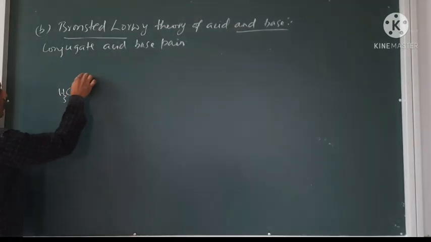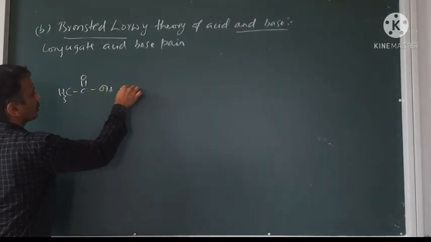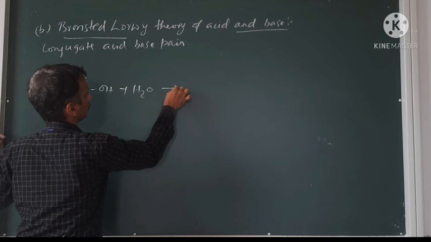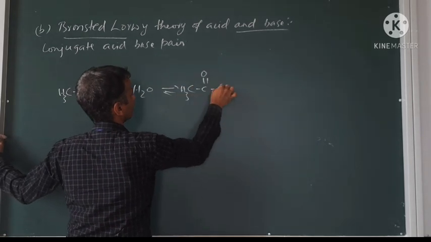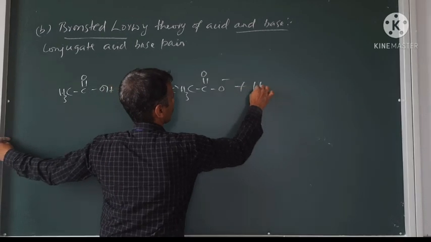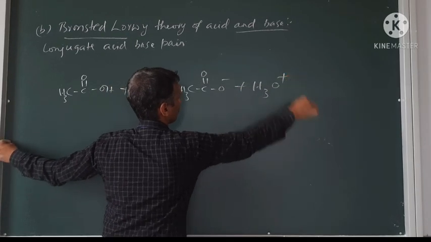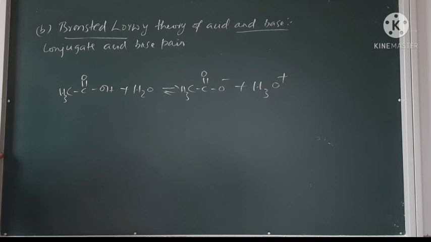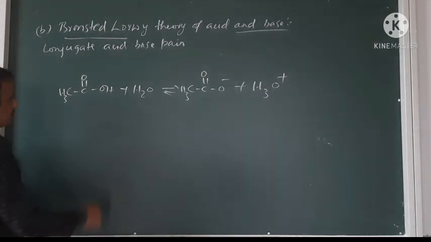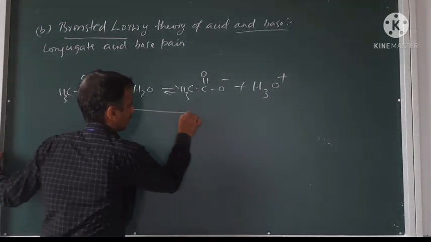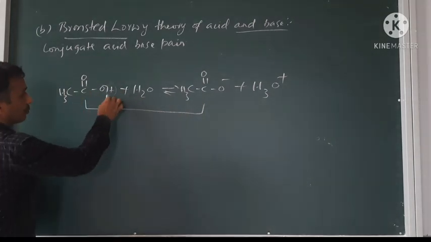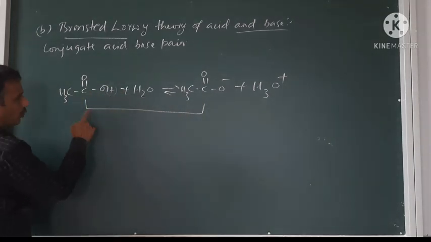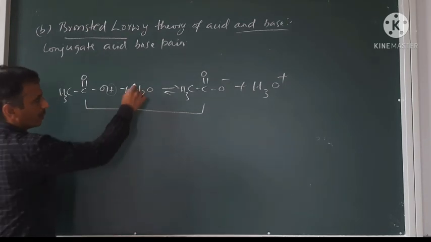CH3COOH plus water giving CH3COO minus and H3O plus. Tell me, which is the conjugate acid base pair? Acetic acid and acetate ion, only an H plus is the difference. So that is one acid base pair.